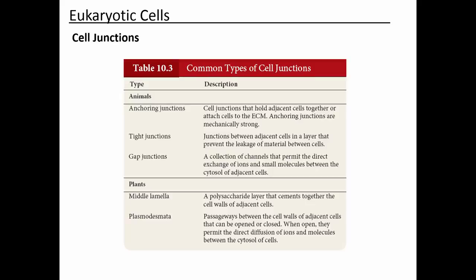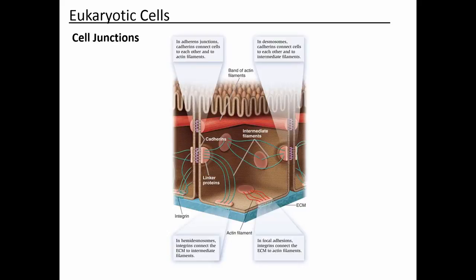So the next slide just shows you the different types of anchoring junctions that we're going to talk about. The different types of anchoring junctions are going to be adherens junctions, desmosomes, hemidesmosomes, and focal adhesions.